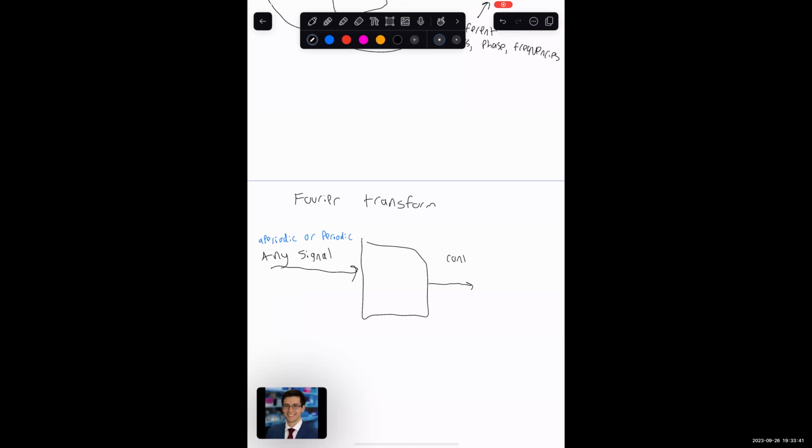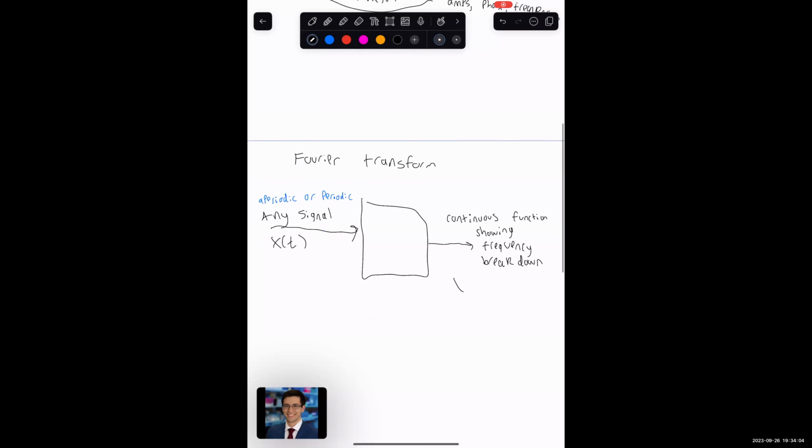Instead, it's a continuous function showing the frequency breakdown. So we basically have a time domain function, and what we get out is that same time function in the frequency domain, right?